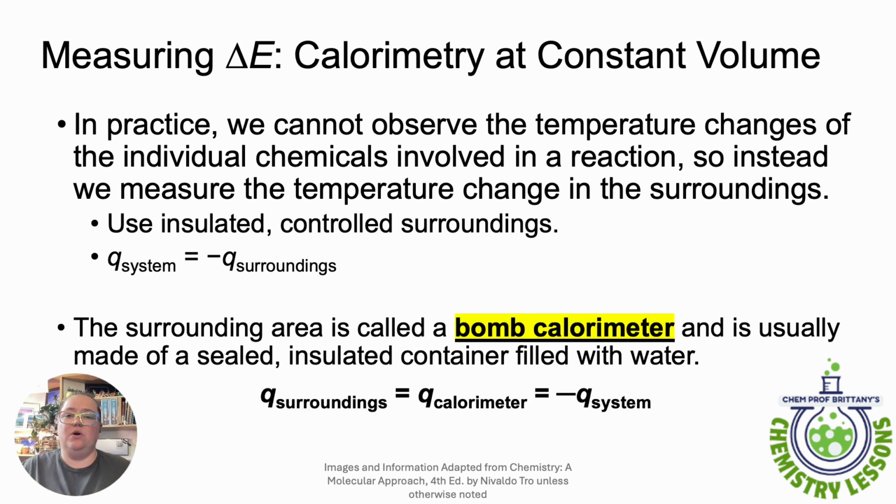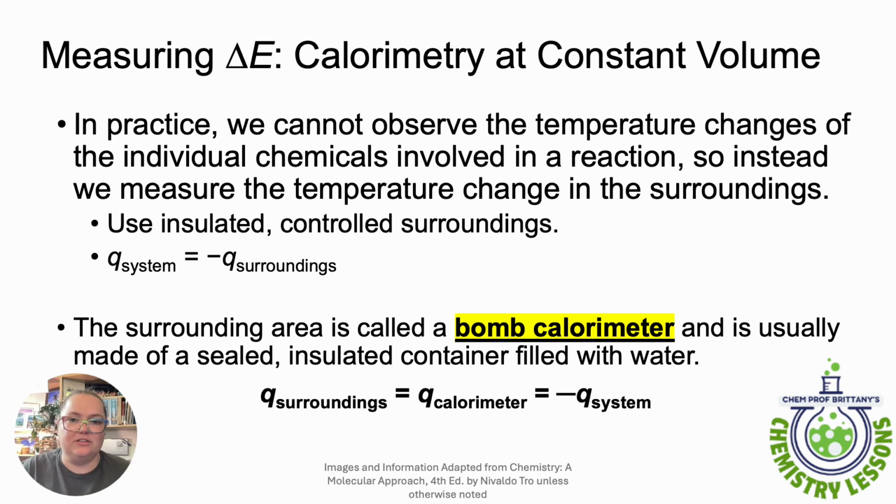In the high-tech world, we use what is called a bomb calorimeter. It's usually made of a sealed, insulated container. You fill it with an exactly known amount of water, and then we can safely say that Q of our surroundings is equal to the Q of the calorimeter, which is negative Q of the system.